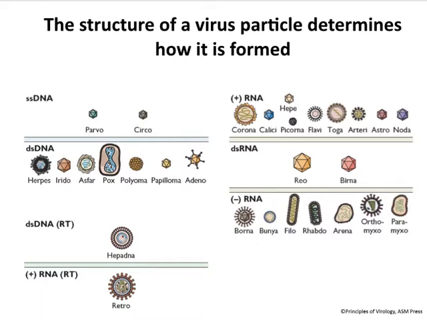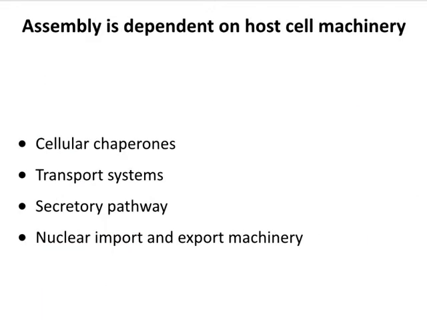So if I show you an icosahedral virus, you're going to be able to predict pretty much how it's formed. If I show you a virus with an envelope, again, you're going to know after today's lecture how that's formed. So just looking at the particle can tell you a lot about the assembly pathways. All right, so this is a good exam question, I think, to put an icon of a virus there and tell me what steps this has to go through to get assembled. You can do it by looking at them.